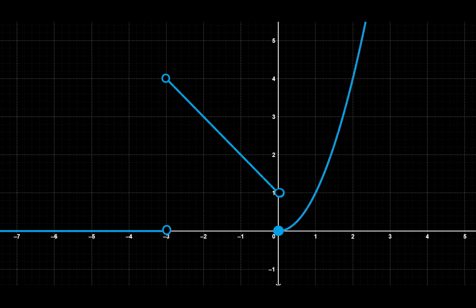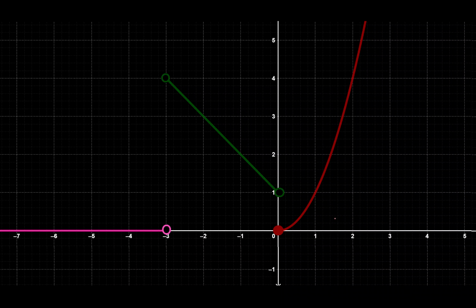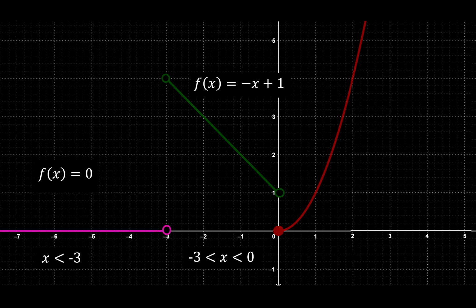Again, for a piecewise function, you should look to break them apart into smaller functions. For values of x less than -3, our graph follows the function y equals 0. For values of x between 0 and -3, our graph follows the function minus x plus 1.